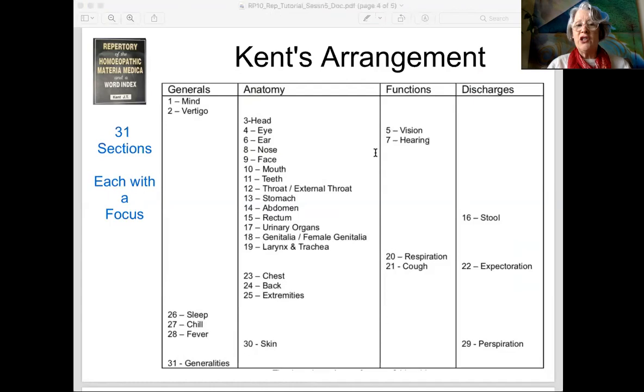So the next section that we're going to look at is face. This is the front of the head, with the exception of the eyes and the nose that have their own section. And the mouth actually has its own section, but lips are associated with the face because they're on the outside. And some things are in both sections.